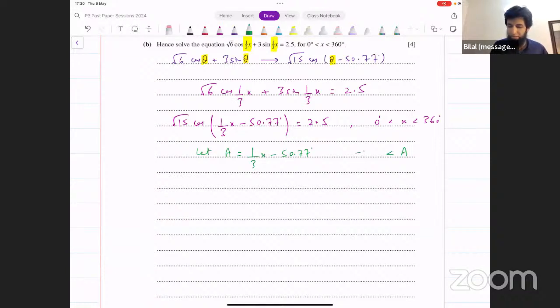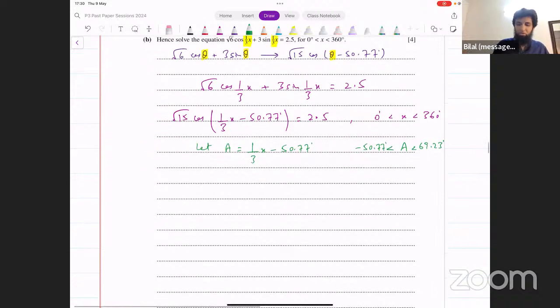That gives you minus 50.77. Input 360 in place of x here and see what that gives you. Let me try that. 360 divided by 3 minus 50.77, that's giving me 69.23. So the angle A is supposed to be within this interval. Okay? A is supposed to be inside this interval now.